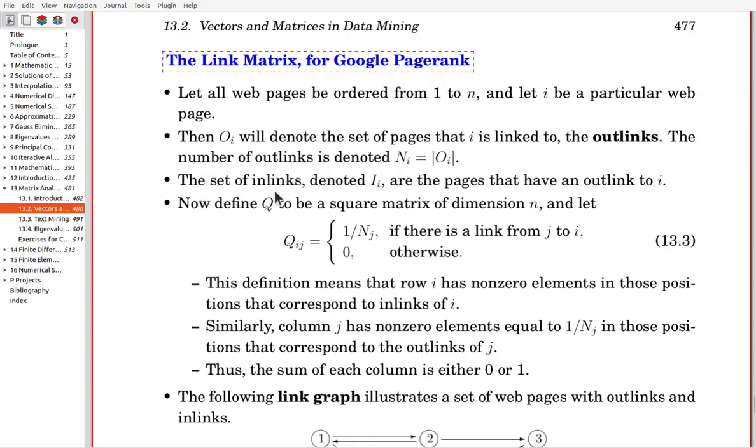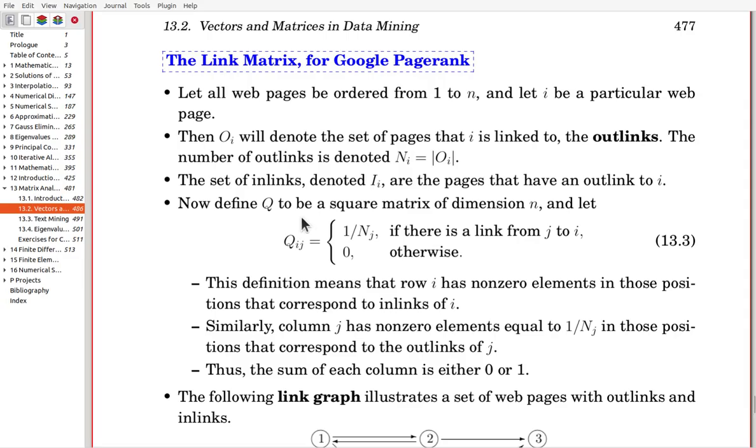The set of inlinks, denoted by I_i, are the pages that have an outlink to i. So the ith page has no control over these. However, from outside, the ith page is linked, so that they can come from other pages. Such links are called inlinks.